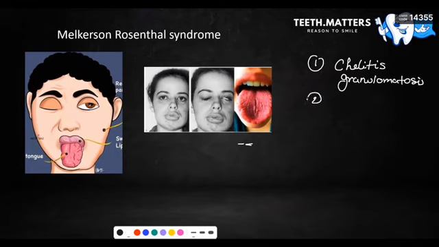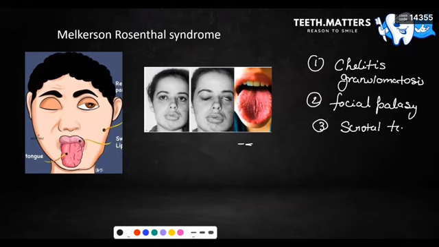Second feature is facial palsy. And we see scrotal tongue. Scrotal tongue is also known as fissured tongue, and also known as lingua plicata.